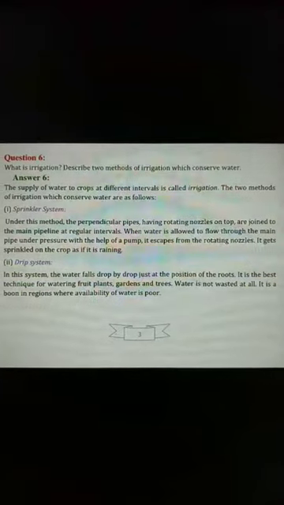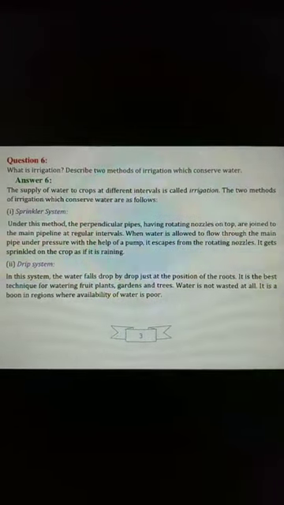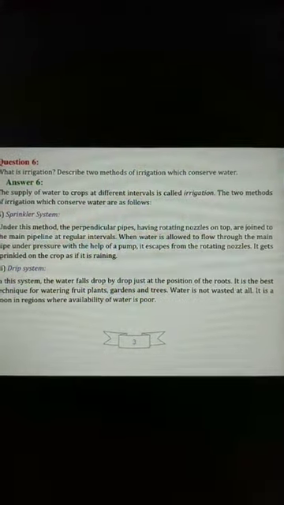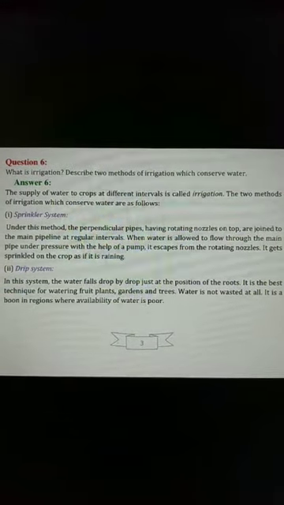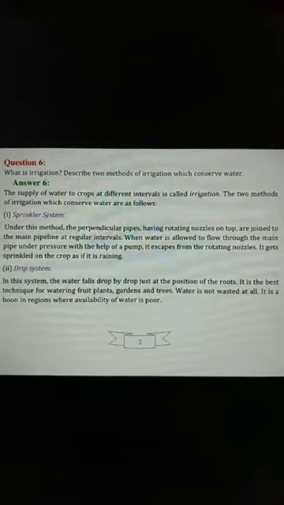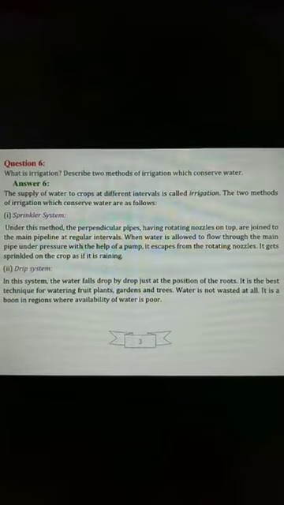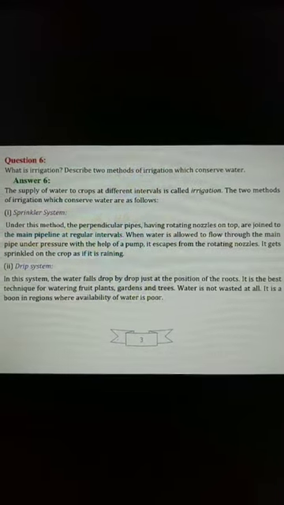It is a boon in a region where availability of water is poor. Where water is less available, in such a region this drip irrigation is most useful, because in drip irrigation water is given drop by drop. So these are the two systems of irrigation.